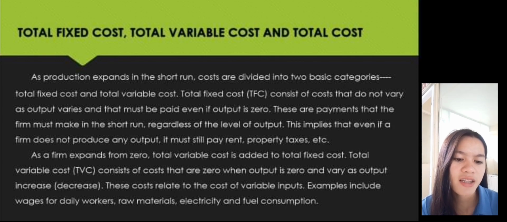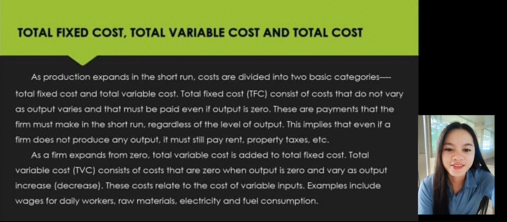These are payments that the firm must make in the short run regardless of the level of output. This implies that even if a firm does not produce any output, it must still pay rent, property taxes, etc.